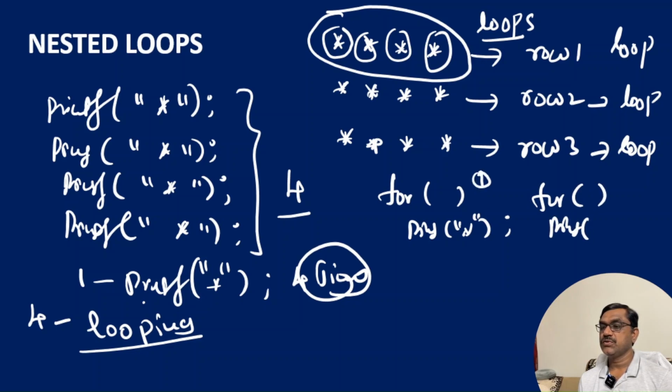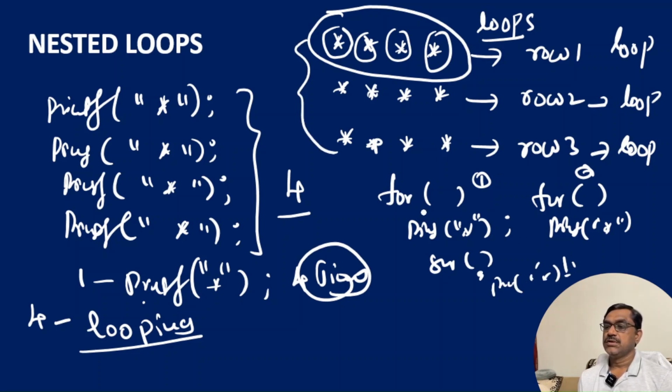This is for the first row and this is for the second row. And another for loop and printf star. Shall we use 3 loops for this? If you use these 3 loops, then it is also not good programming practice.